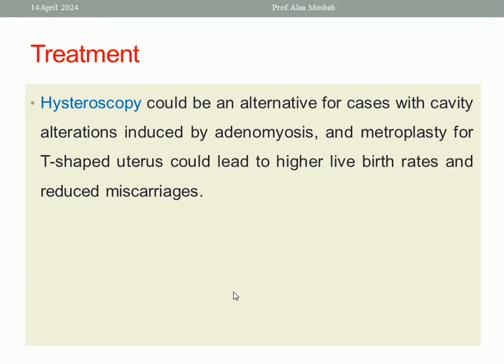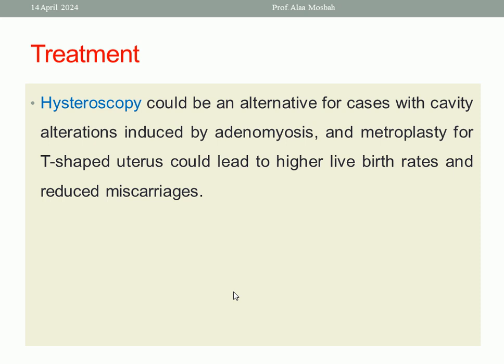What about hysteroscopy? Hysteroscopy could be an alternative for cases with cavity alteration induced by adenomyosis, and metroplasty for T-shaped uterus could lead to higher live birth rates and reduced miscarriage.